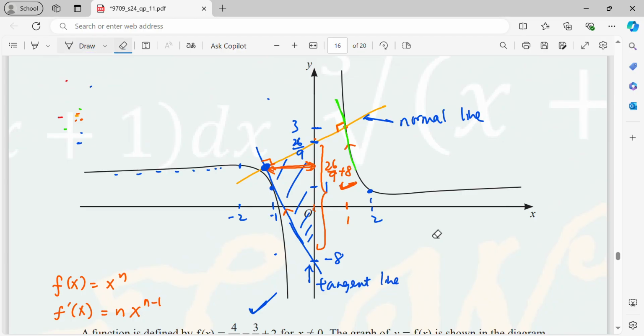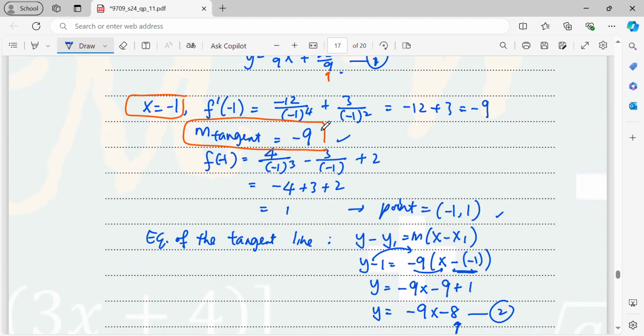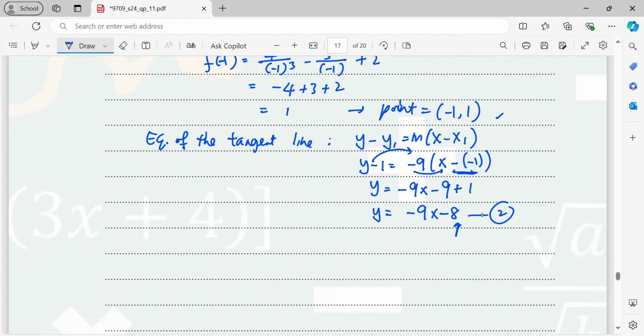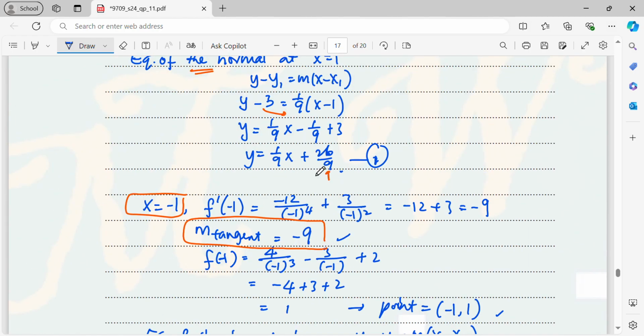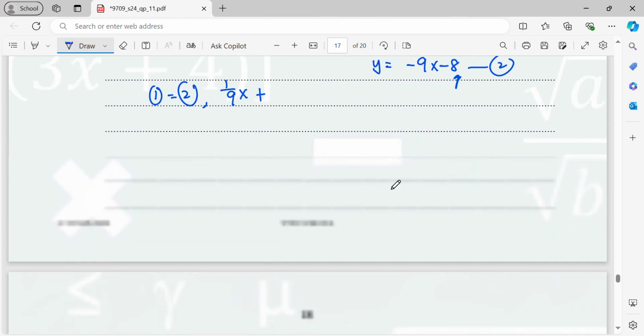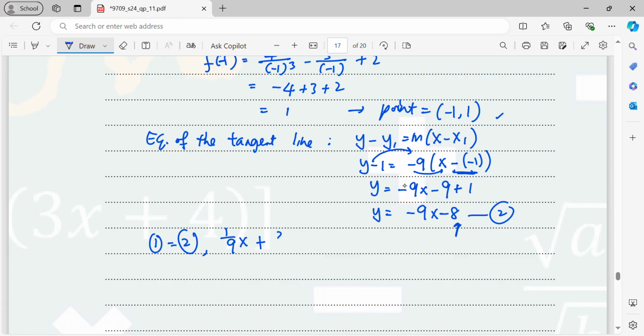The intersection will be found by solving the simultaneous equations. So I will solve the equations that we have just formed, first and second. I will write first equation equals second equation. So 1 over 9x plus 26 over 9 equals minus 9x minus 8.